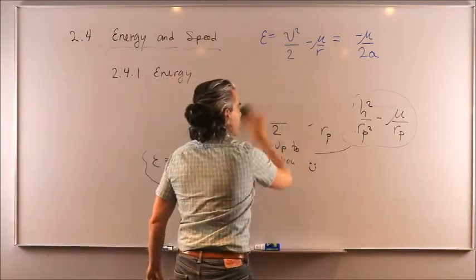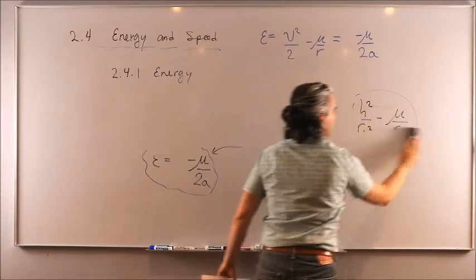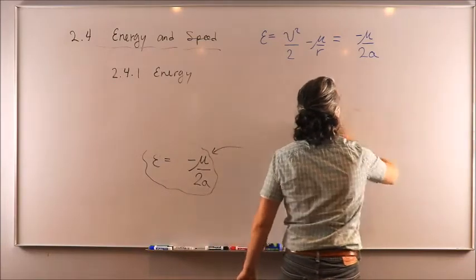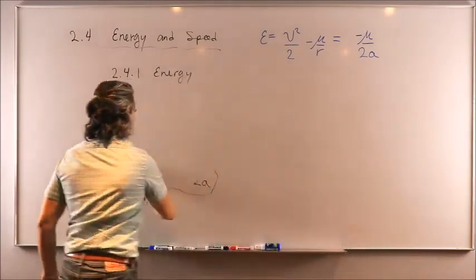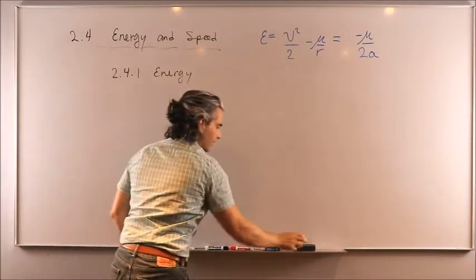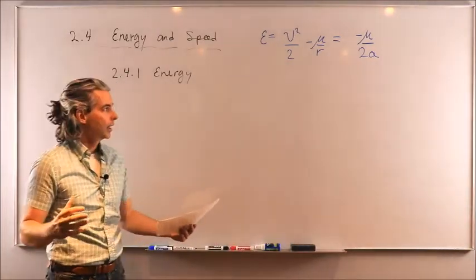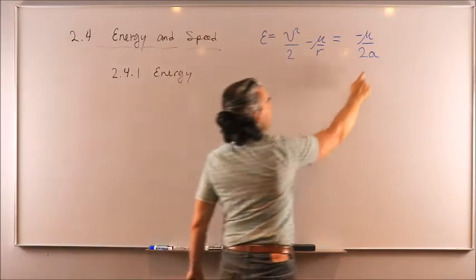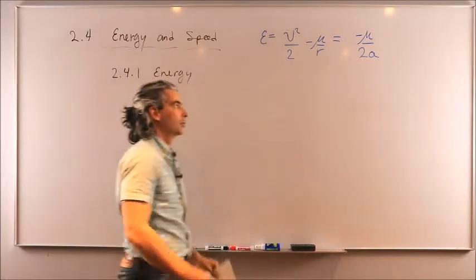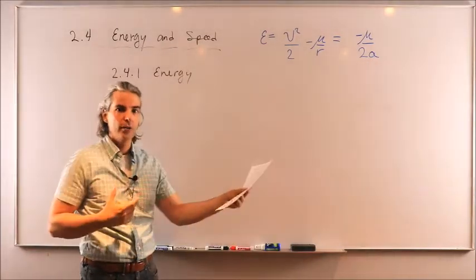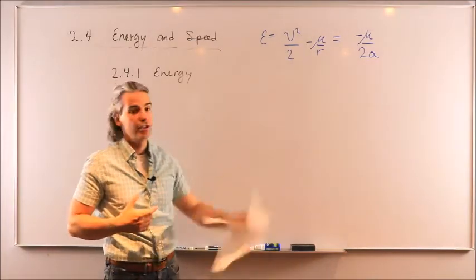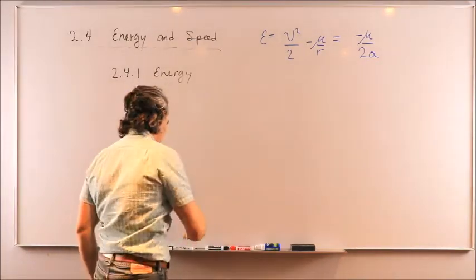This last expression is very useful because it shows us that the orbital energy is in fact related also to the size of the orbit, okay? Through the semi-major axis, which quantifies the size of our orbit. The bigger the orbit, the larger the semi-major axis is.